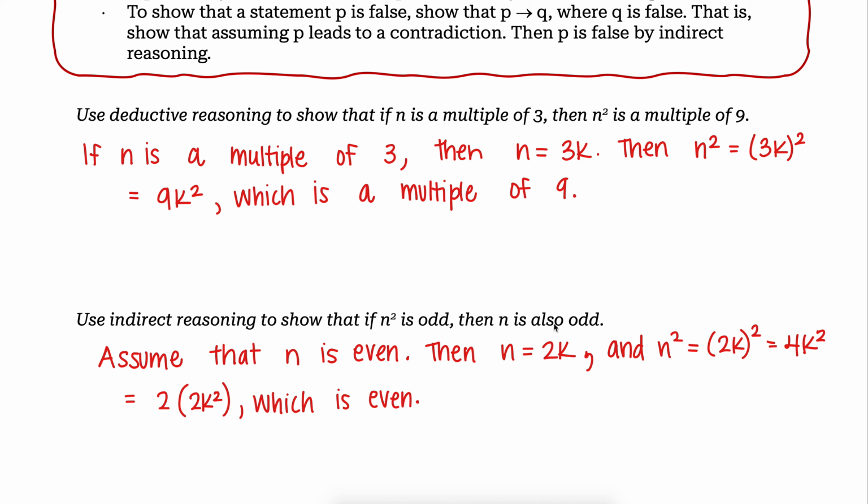So I'm assuming that my conclusion is false. So if n is even, then that says that n squared is also even. However, we are told that n squared is odd.